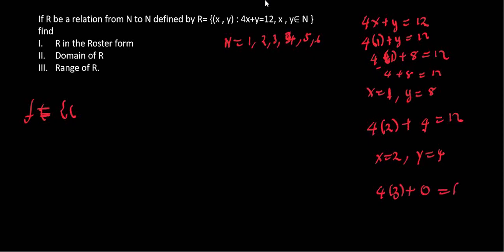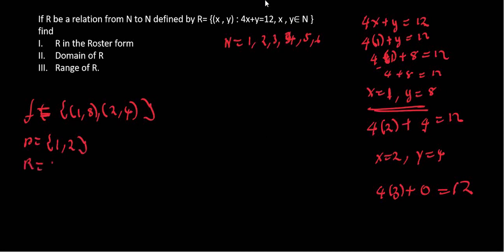Now, is 0 a member of the natural numbers? The answer is no. So the first element is 1, 8. The other one is 2, 4. What's the domain? The domain is 1 and 2. The range is what? 8 and 4. Just like that.